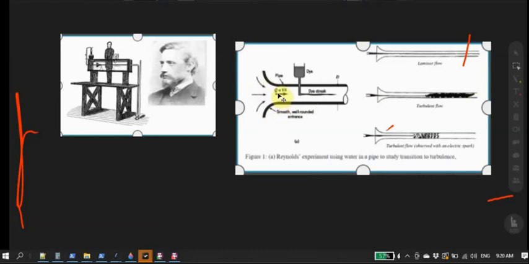So we have a symbol there, Q, to represent the volume flow rate. I don't want to confuse with the thermodynamics where Q is a rate of heat transfer, and then we have a capital V there represent the velocity in the axial direction, and A is the cross-sectional areas.